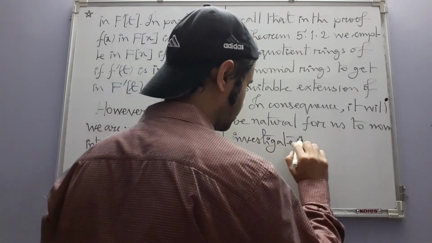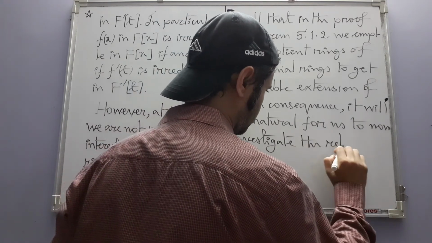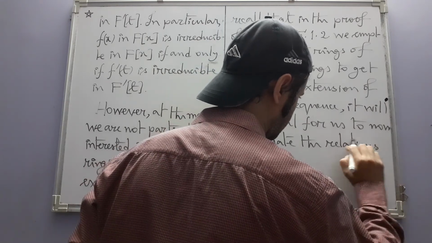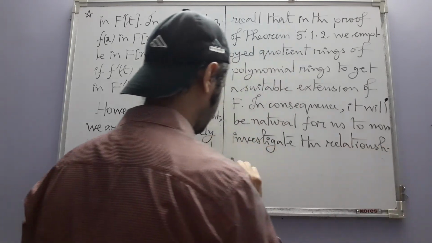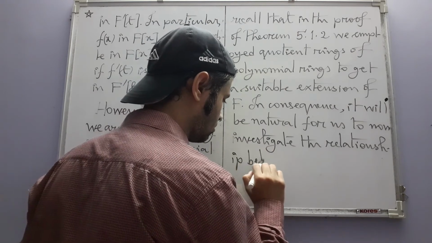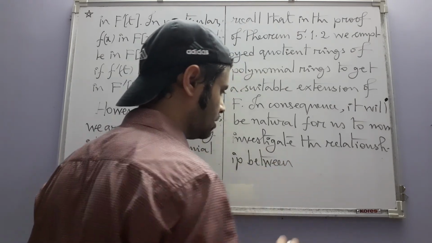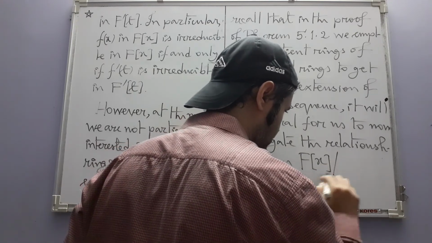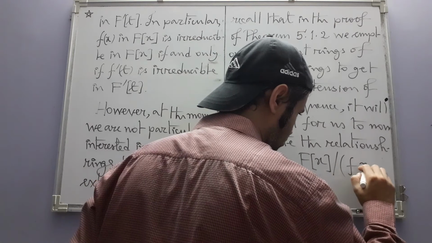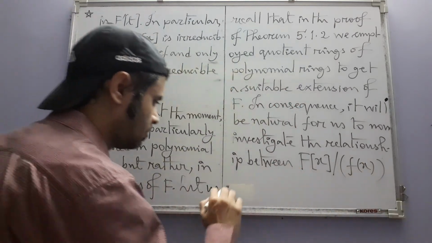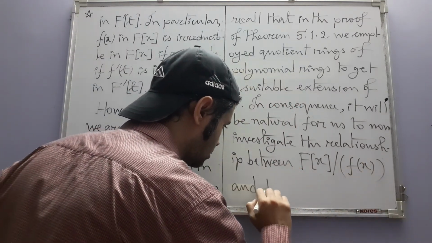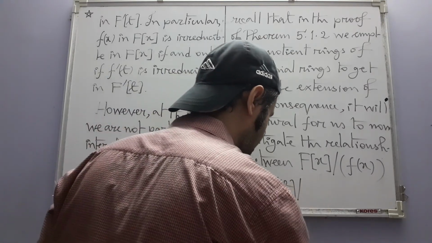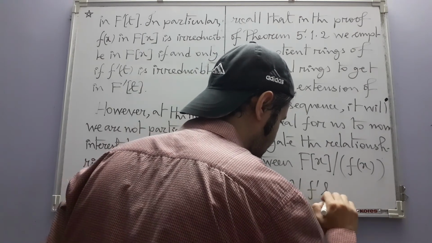Investigate the relationship between this quotient ring and this other quotient ring F'[t] by this principal ideal.